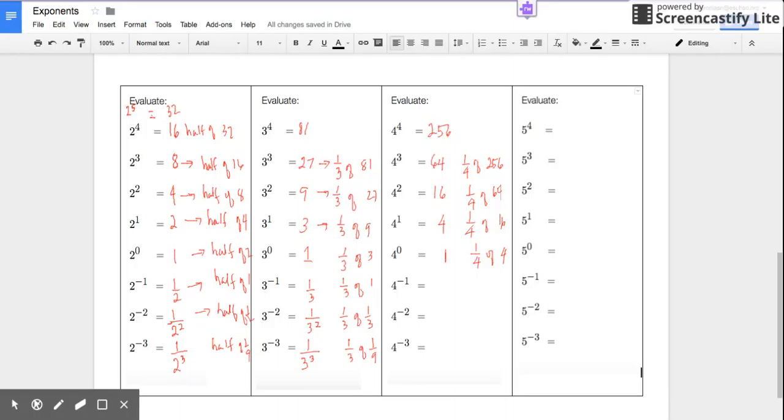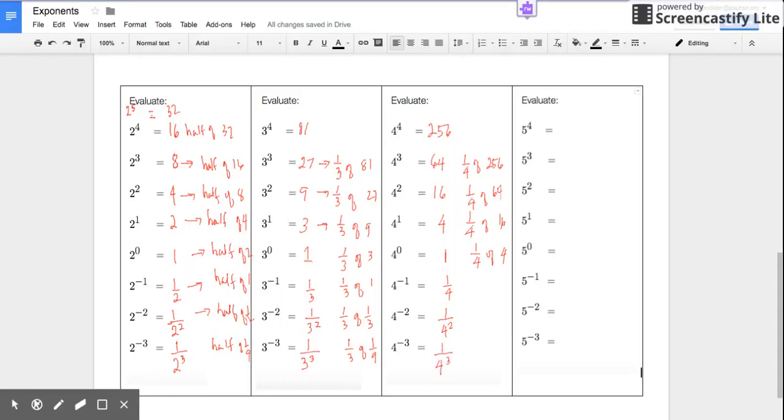And so this is going to be 1/4 of 1, so 1 over 4. And this is 1/4 of 1/4, so 1 over 16, or 1 over 4 squared. And then this is going to be 1/4 of 1 over 16, which is 1 over 64, and 64 is 4 cubed. Do we see a pattern?